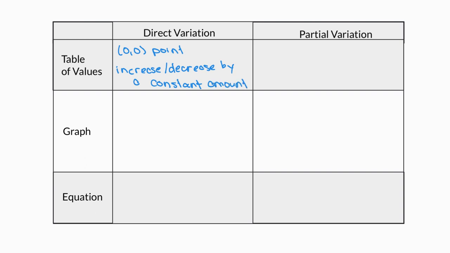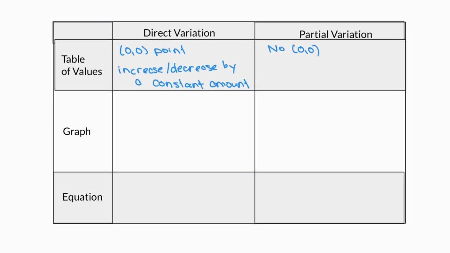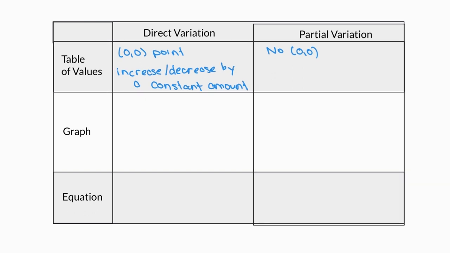It should have that 0, 0 point, and it should increase or decrease by a constant amount. A partial variation has no 0, 0 point, but it should still increase or decrease by a constant amount. So the difference between the table of values of a direct variation and a partial variation is that 0, 0 point.